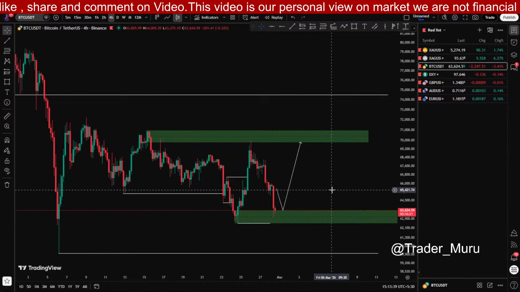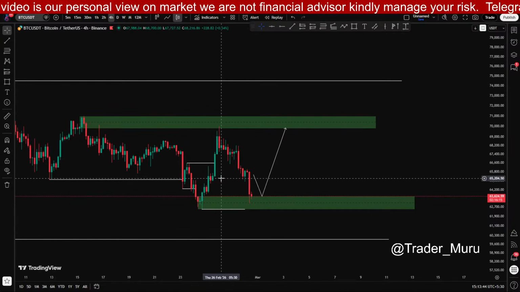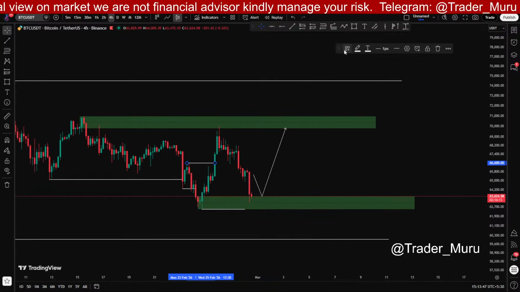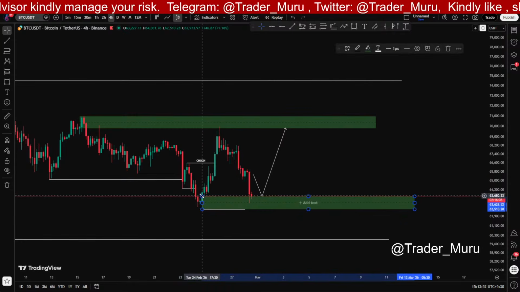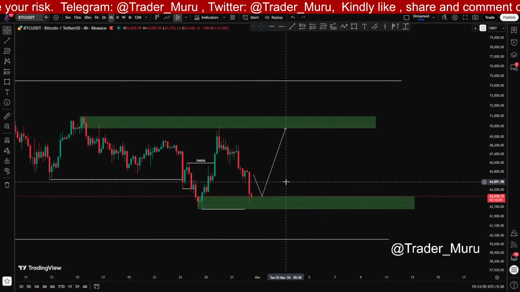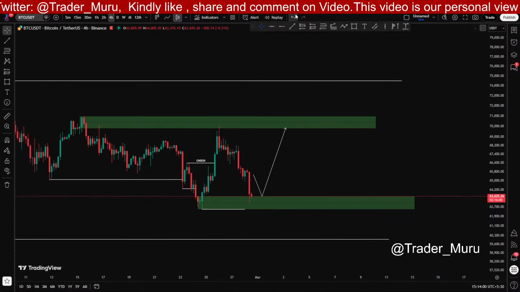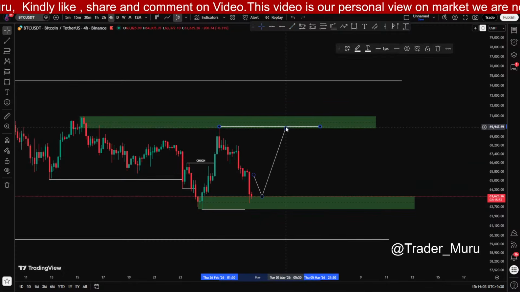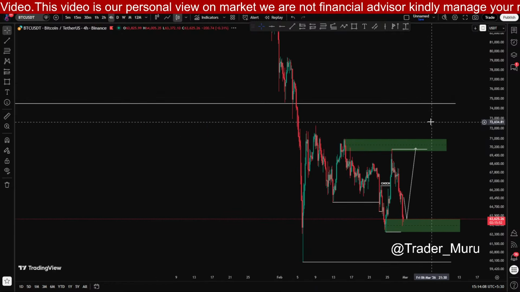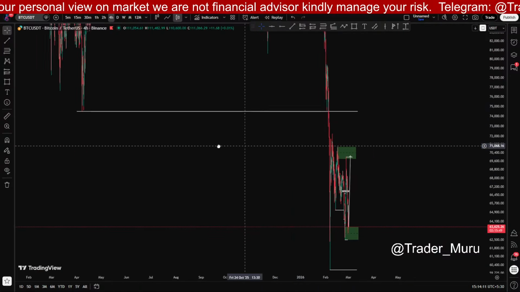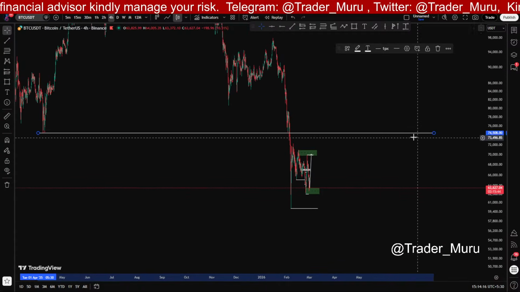If we talk about BTC, so now BTC is at a 4-hour POI. This is our change of character, and this is our extreme order block here, and from here we can expect it to test this high again, and if this area gets flipped, our next target will be this low around 75,000.